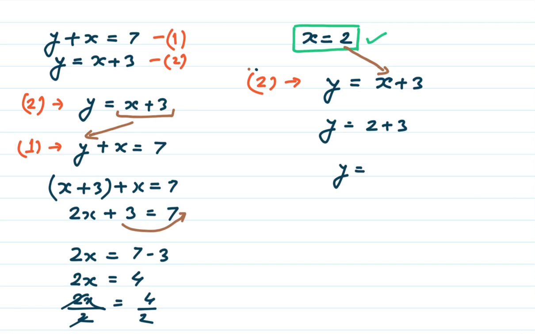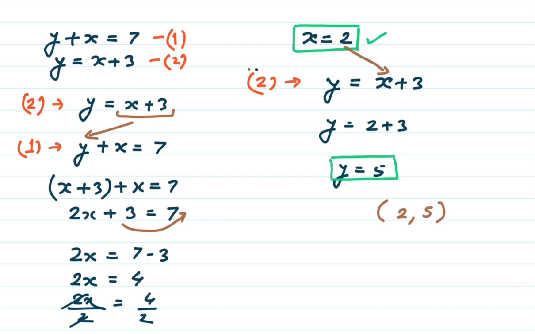So y is equal to 5. If you take these two equations and plot it on a graph sheet, you are going to get two straight lines, and the intersecting point of those two lines would be then 2, 5.